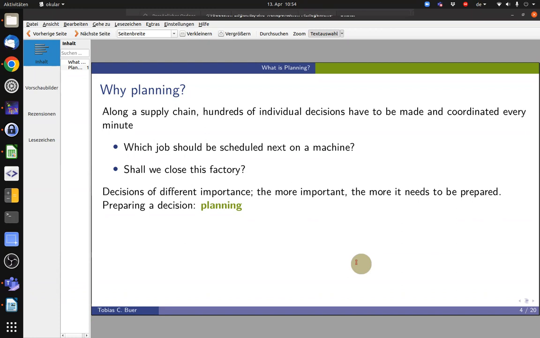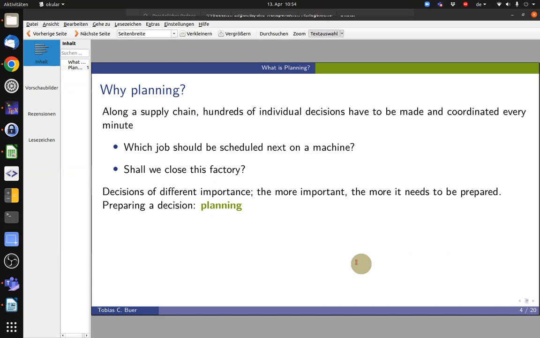On the other hand, we have all the decisions on, shall I build a new factory? Shall I onshore or offshore my manufacturing? Shall I make new contracts with certain suppliers? Shall I start producing a new product?